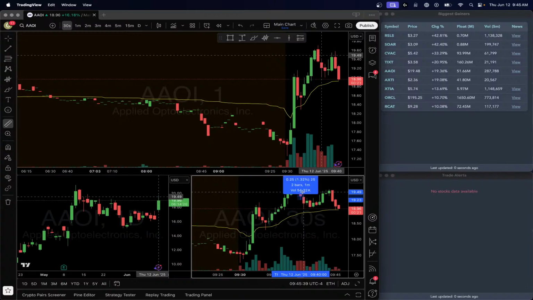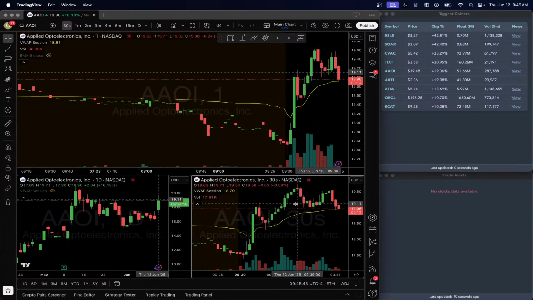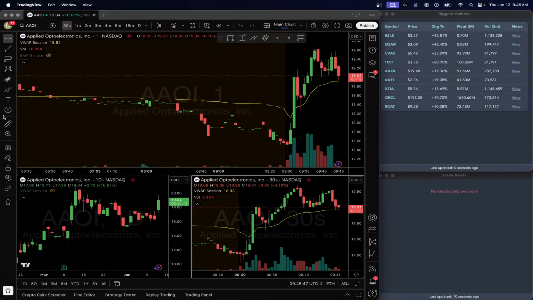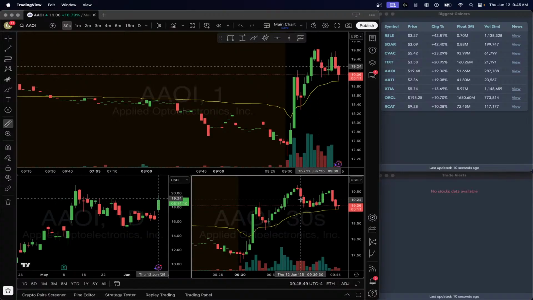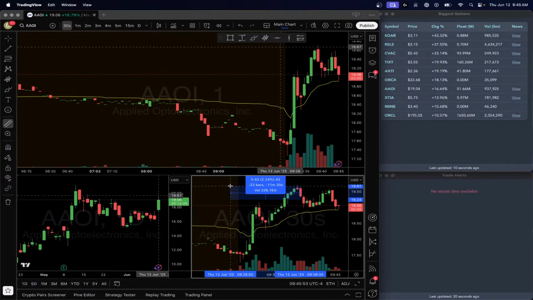The reason I didn't do AAOI is the spread just wasn't there. And the risk reward was like right here. The stop was down here a quarter, but the top up there was around 40 cents.